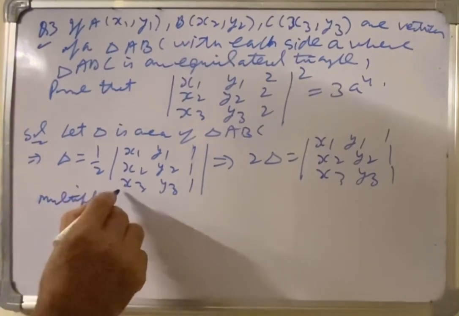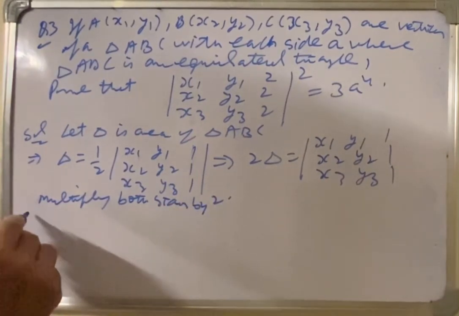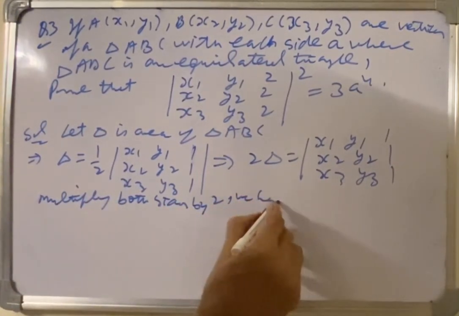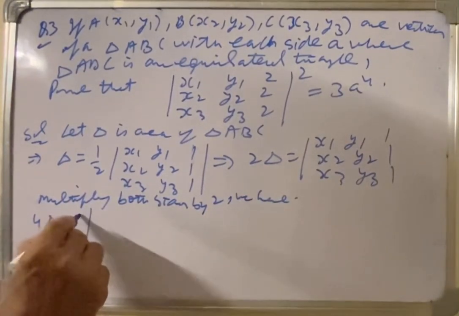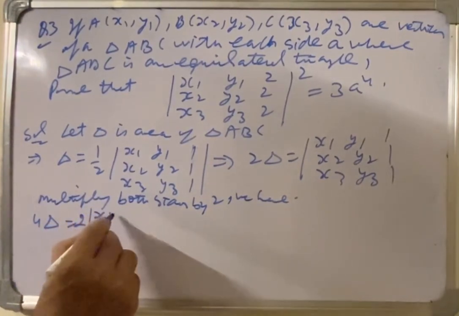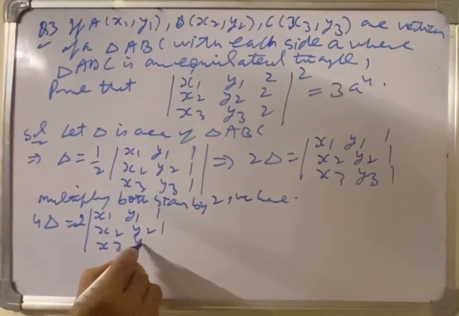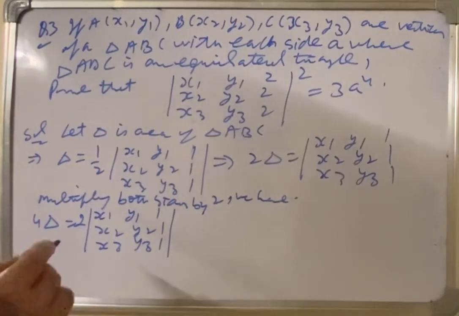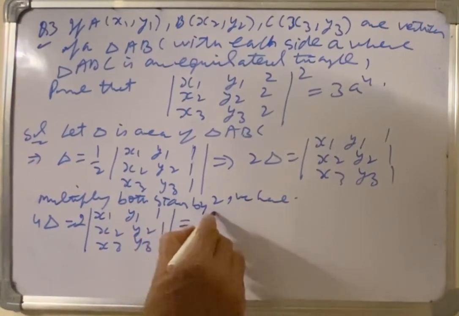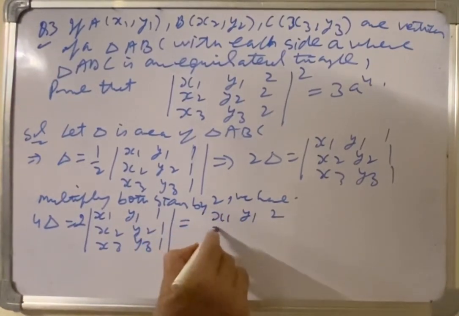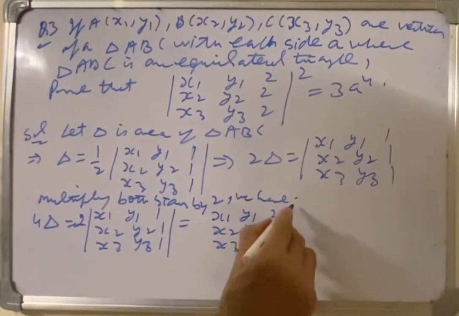Multiplying both sides by 2, we have 4 delta is equal to 2 into the determinant. We can multiply the elements of the third column by 2, which gives determinant x1 y1 2, x2 y2 2, x3 y3 2.